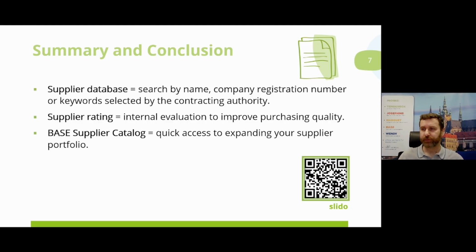If you are going to make notes for your suppliers, create something like an internal evaluation to improve quality and communication, you can use rating for your individual database or per topics. It means for selected tenders or RFXs.